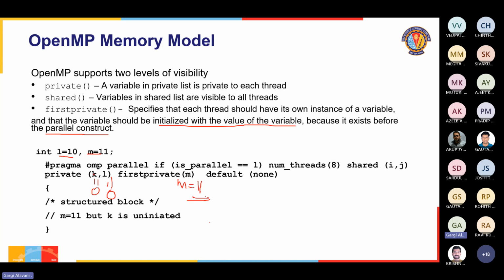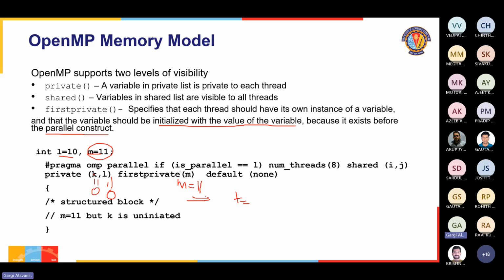Is it clear what these three are? Can you explain first private one more time? Okay, so all threads will have their own M. Let's say 10 threads are there, and each thread will have their own M. But this M will get initialized to 11 because it was initialized to 11 before the pragma.